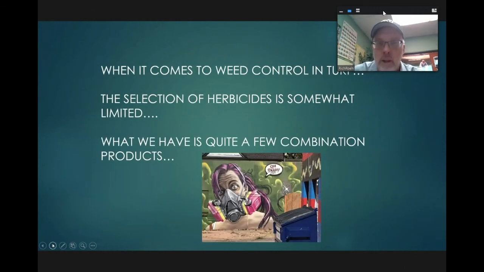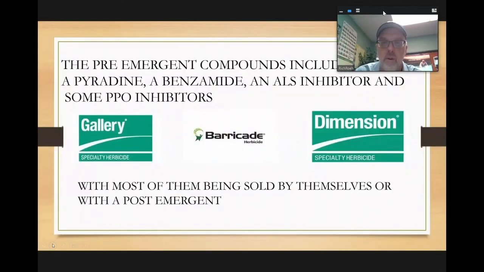When it comes to weed control, we have quite a few combination products that make up a bunch of different modes of action and different compounds. We have very few single compound products anymore. There's a couple that I'll get to here shortly, but by and large, they tend to come in packages of 2 or 3 or 4.